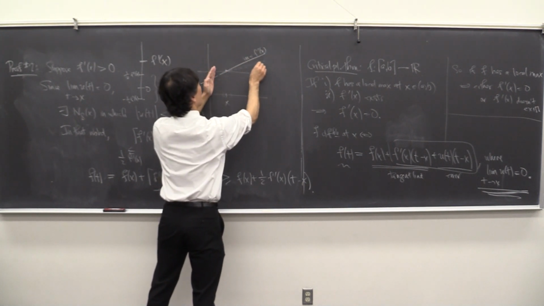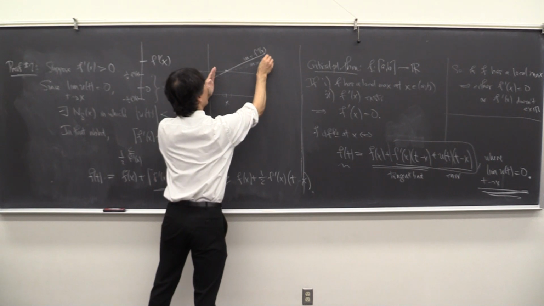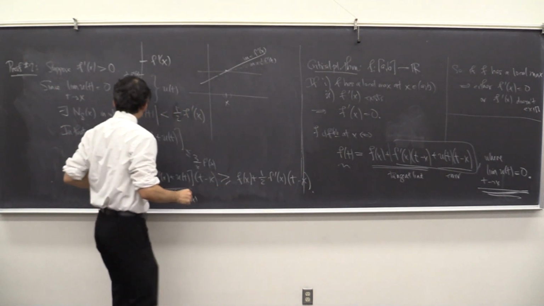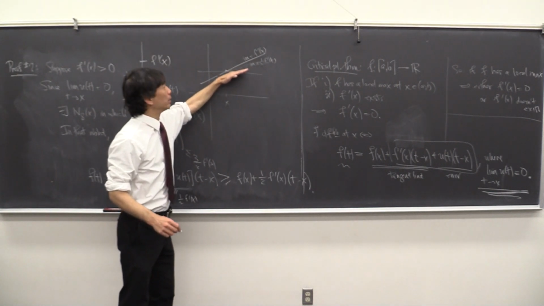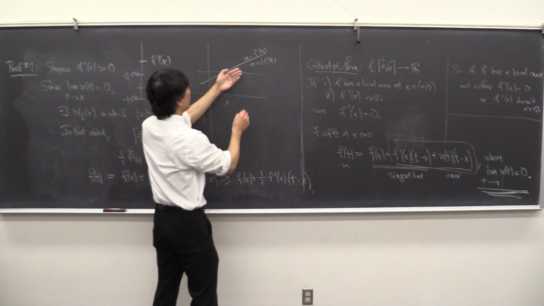If I make another line whose slope is 1/2 f prime x, I know that my function is bigger than that guy, right? My function is bigger than that guy in that neighborhood.